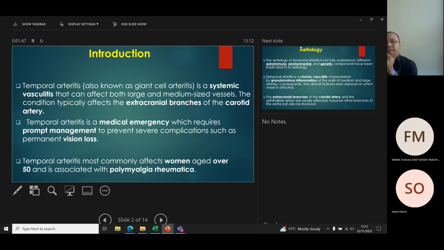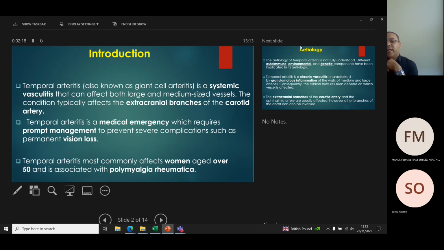Giant cell arthritis is a systemic vasculitis, and it affects the large and medium-sized vessels, especially the extracranial branches of the carotid artery. As we mentioned, temporal arthritis is a medical emergency which requires prompt treatment and action as soon as possible to save vision, because it may be complicated by visual loss.